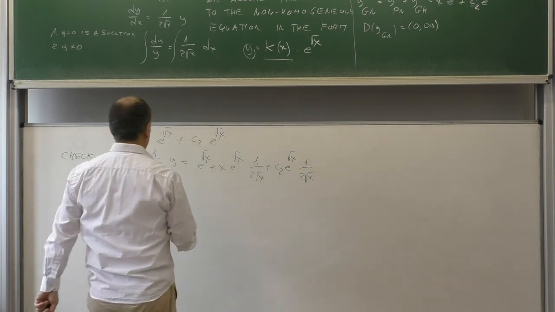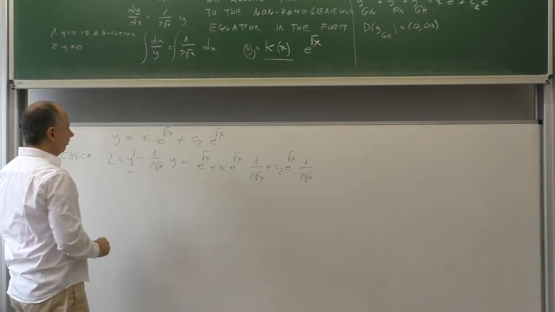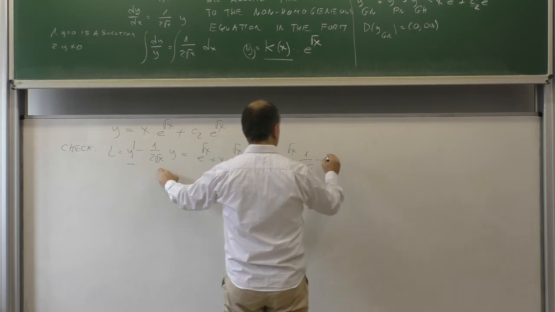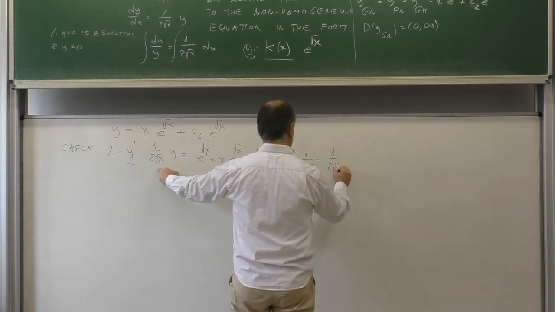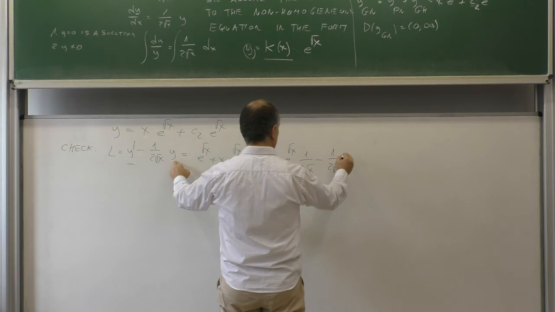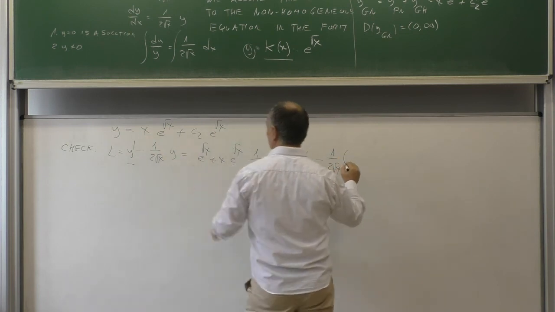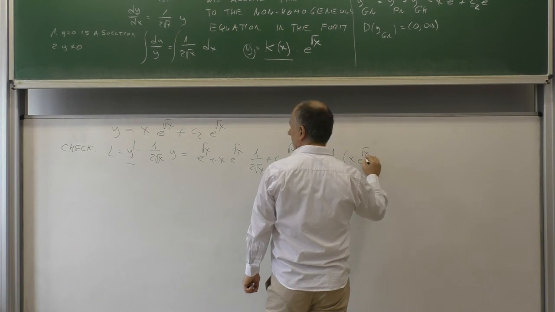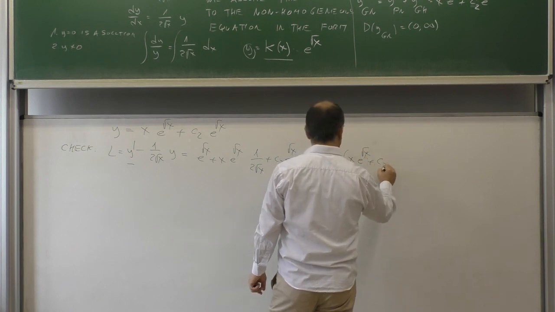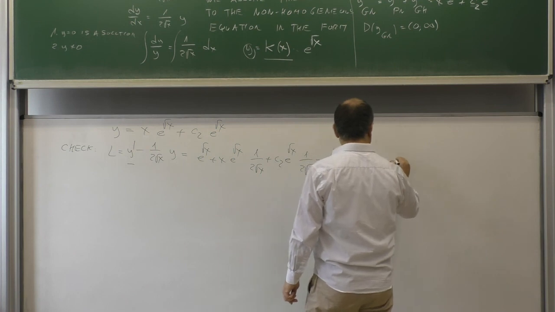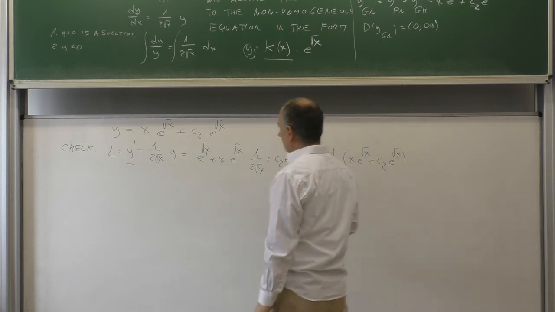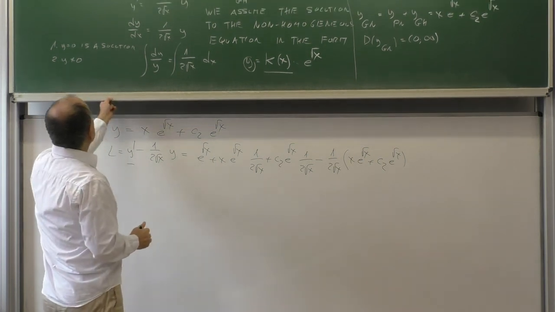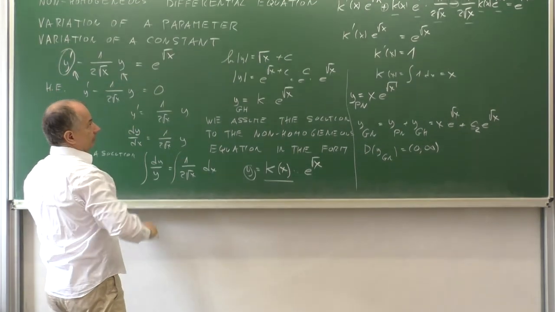So this is y derivative, minus 1 over 2 square root of x times y, which is x e to the square root of x plus c2 e to the square root of x. So this is on the left, and on the right we have just the exponential.